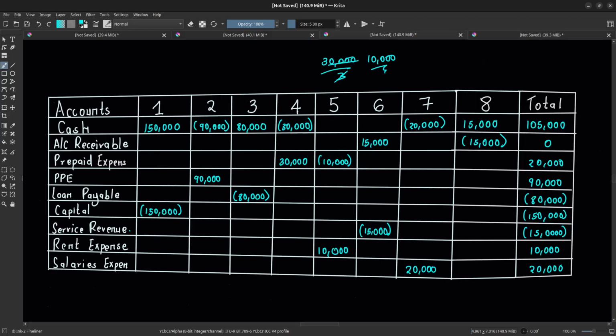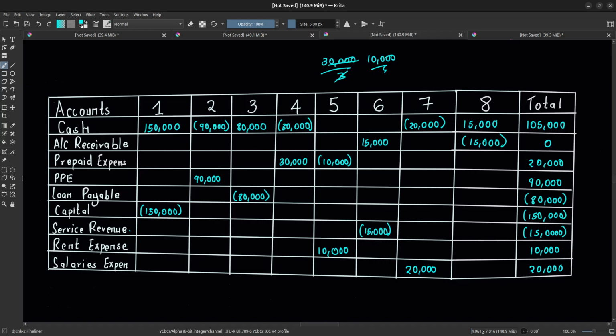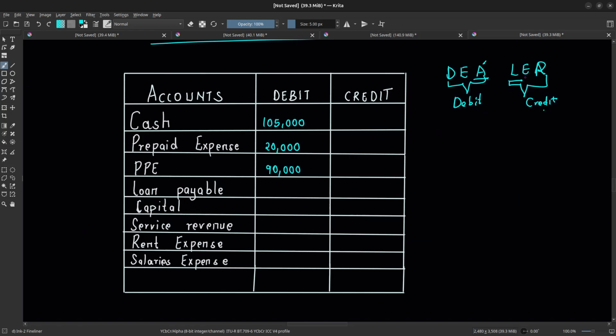Then we have PPE, which has a balance of 90,000. Don't forget PPE is an asset account as well. Then we have loan payable, which is a liability, therefore a credit account, and has a balance of 80,000.